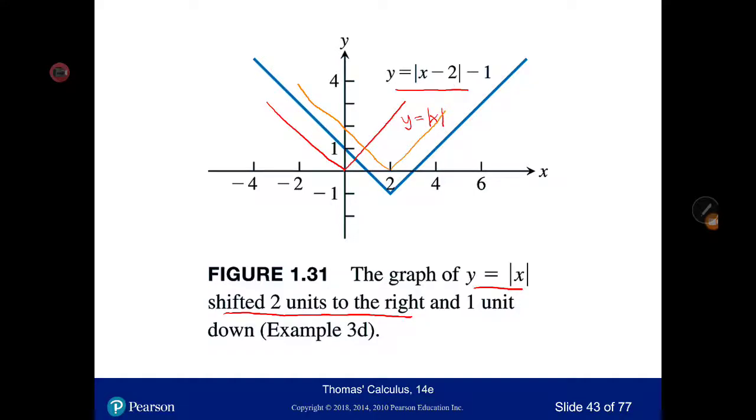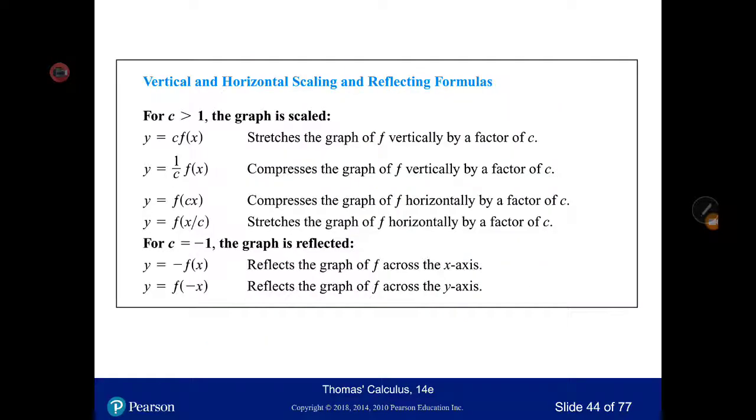You should be drawing better than me. But the orange is shifting to the right 2 units. So now you have y equals absolute value of x minus 2. And then the next step is 1 unit down, moving down. That's why the whole equation becomes the blue one here. So that's minus 1. That's the combination of vertical and horizontal shifts. Okay, that's it.